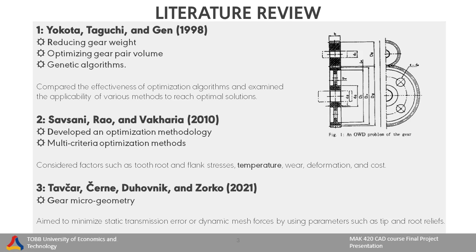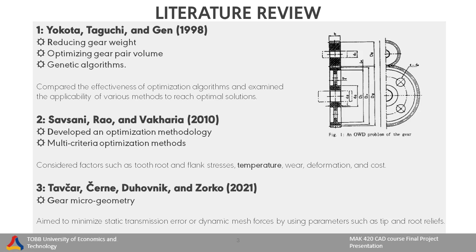There are numerous examples in the literature. For example, Yokota, Taguchi, and Gen conducted research on reducing gear weights and optimizing gear pair volume using methods like genetic algorithms. This study compared the effectiveness of optimization algorithms and examined the applicability of various methods to reach optimal solutions.